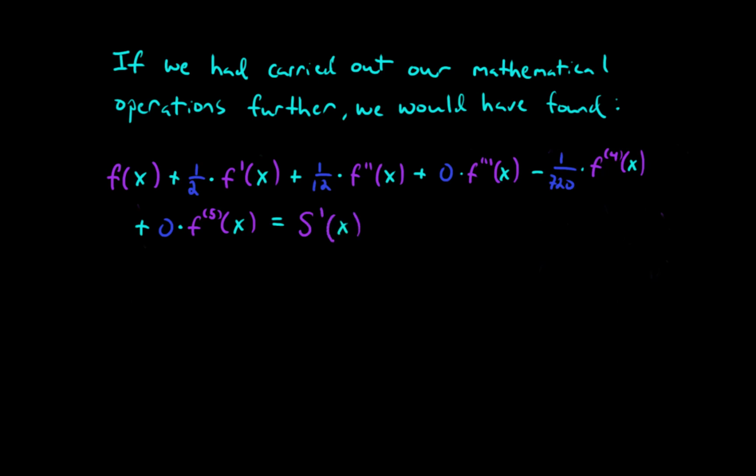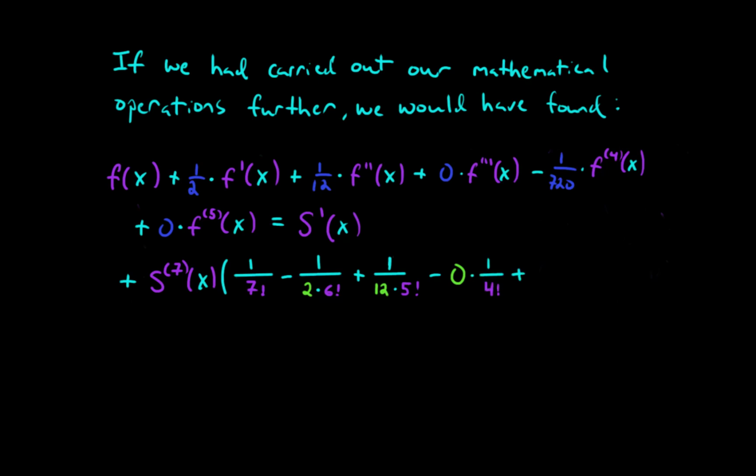The equation above equaling S prime of x plus S7 of x times, open parenthesis, 1 over 7 factorial minus 1 over 2 times 6 factorial plus 1 over 12 times 5 factorial minus 0 times 1 over 4 factorial plus 1 over negative 720 times 3 factorial minus 0 times 1 over 2 factorial, close parenthesis, and then minus dot dot dot for the S8, S9, and so on terms in the equation.